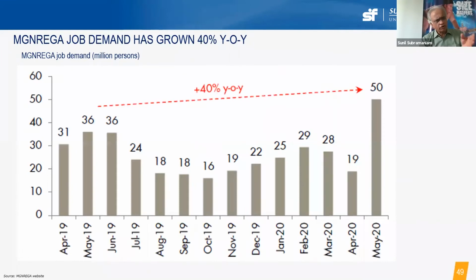Second, the lockdown caused migrant labor to go from urban to rural. So the government increased the NREGA payment to 40,000 crores, and that has led to job demand being satisfied in the rural areas, partly by the government, partly by the Kharif sowing, with a 40% YOY rise.